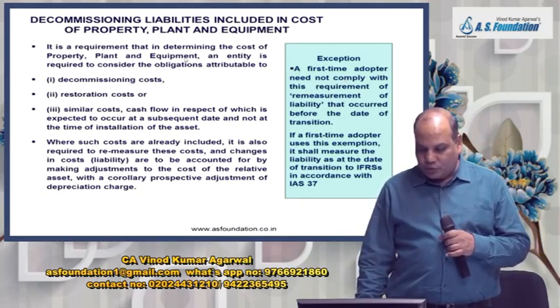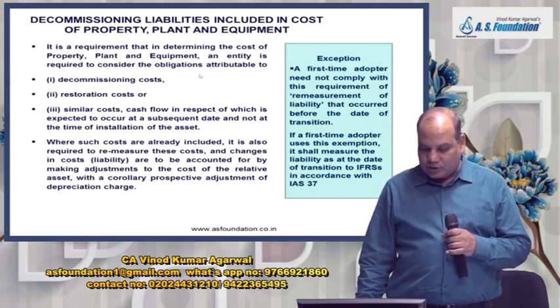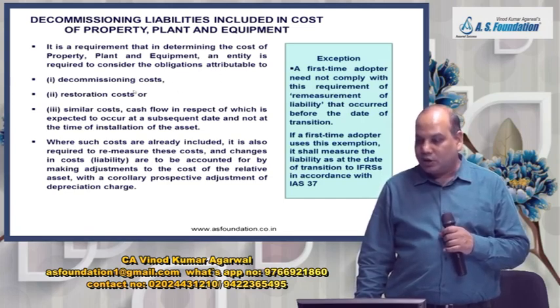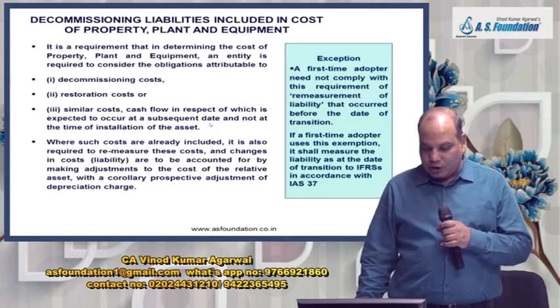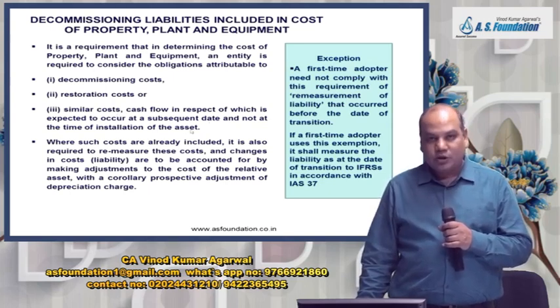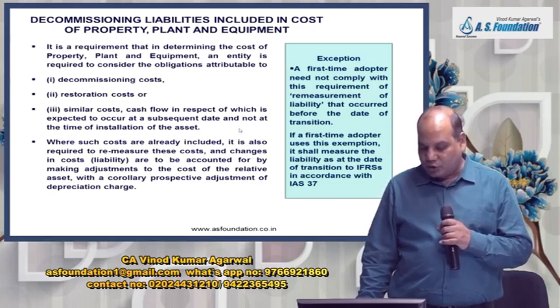In case you have PPE, then the cost of the PPE will be determined considering the obligation relating to decommissioning cost, restoration cost and similar cost, cash flow in respect of which is expected to occur at a subsequent date and not at the time of installation of the asset.